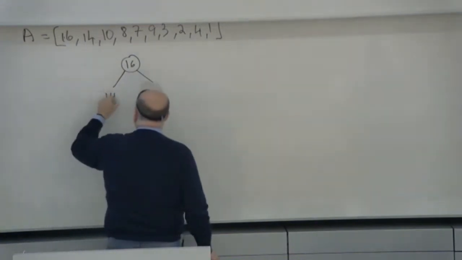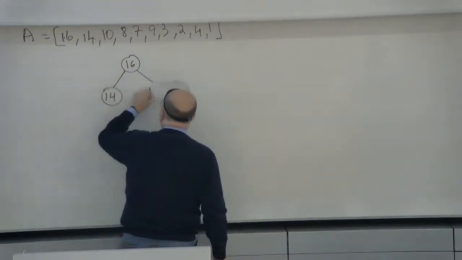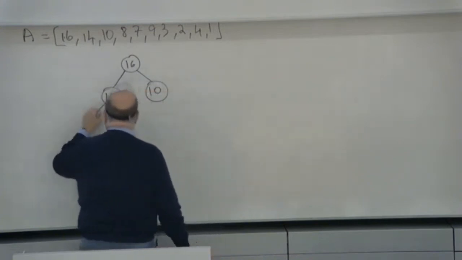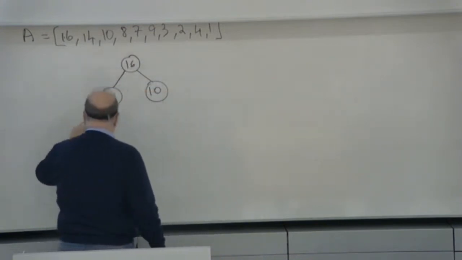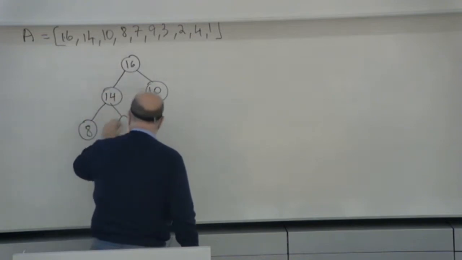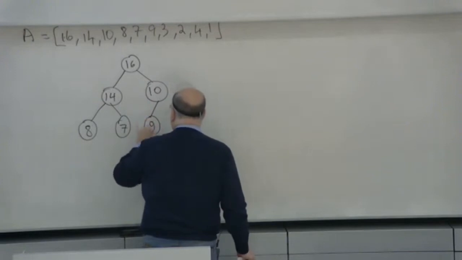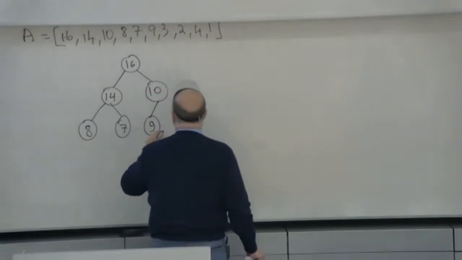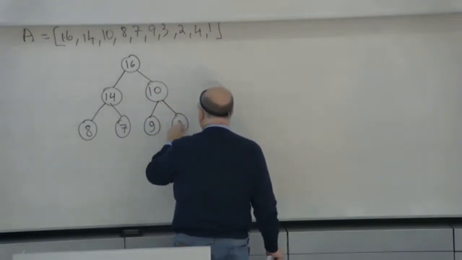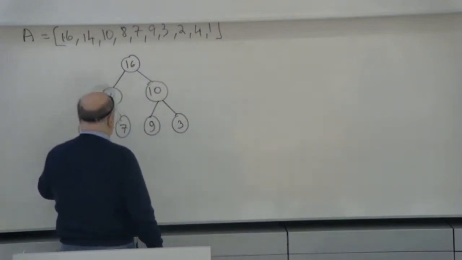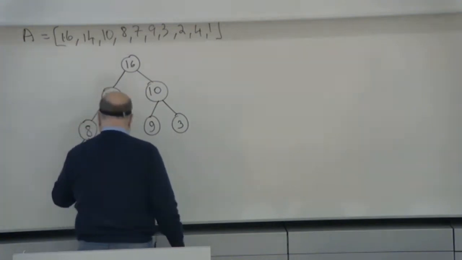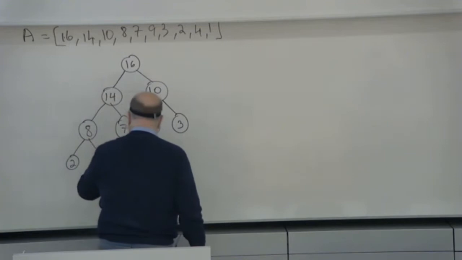And so we have 14 on the left, and 10 on the right. And then from 14, we have 8, and then 7. And then from 10, the left child is 9, and the right child is 3. And then under 8, we have 2. And then we have 4. And then we have 1.